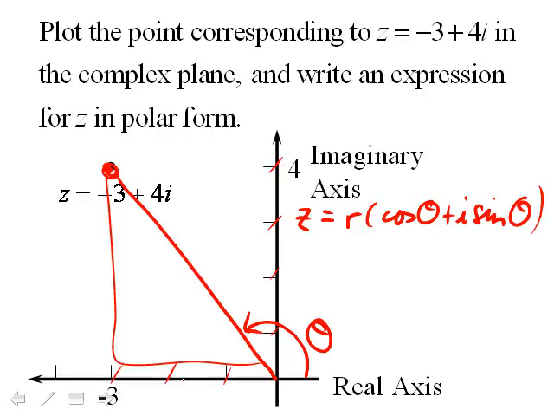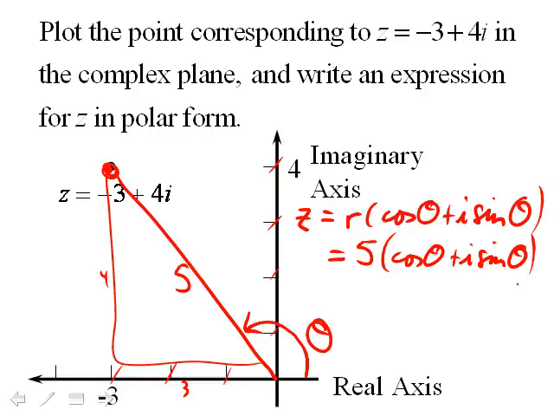Well, this is a 3, 4, 5 right triangle, and the magnitude, the distance out along this line, would be 5 units. And now cosine theta plus i sine theta.